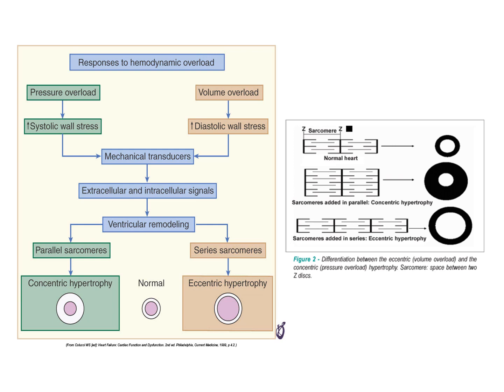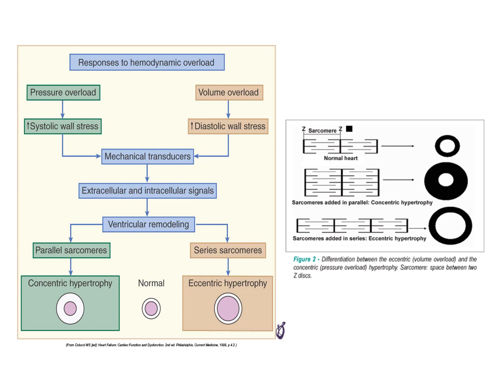But if you have volume overload, such as when you have rheumatic heart disease with large regurgitant volume in aortic regurgitation or mitral regurgitation, for example, this volume overload creates a ventricular remodeling with the different signals that creates sarcomeres in series.